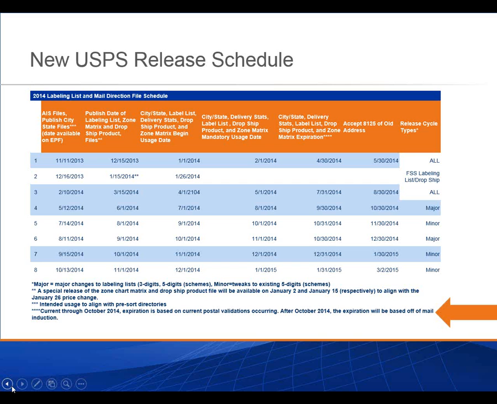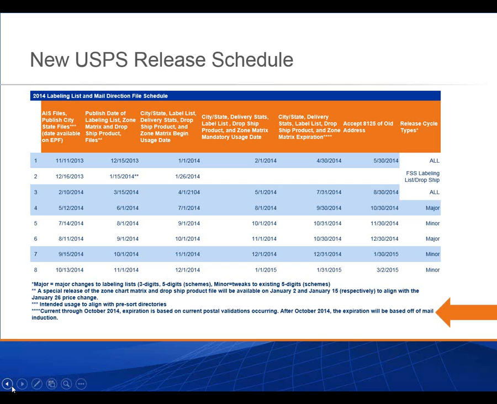For the October switch to induction date as expiring, is that taking place as of October 1? Good question. It's actually going to go into effect with the October Postal One release. There are actually 2 releases of Postal One happening very closely together.